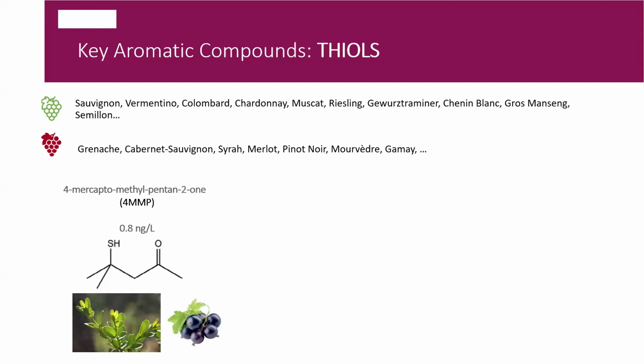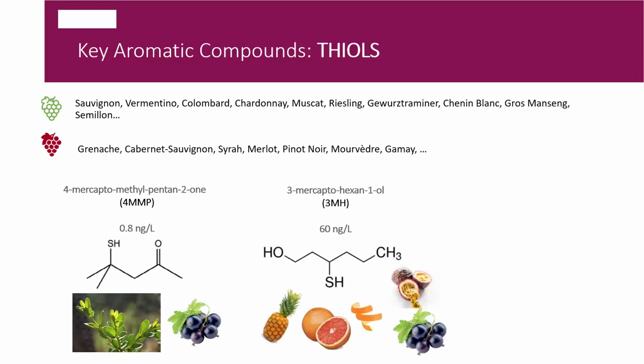There are three main thiols in the wine. First is the 4-MMP. It has a very low threshold. It is characterized by boxwood aromas, more green characters. Then we have the 3-MH.